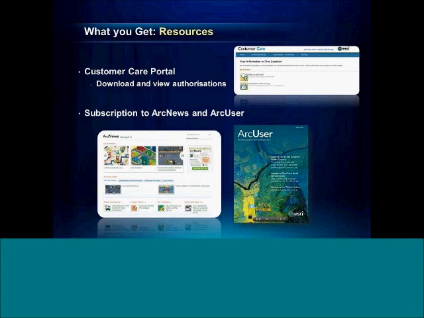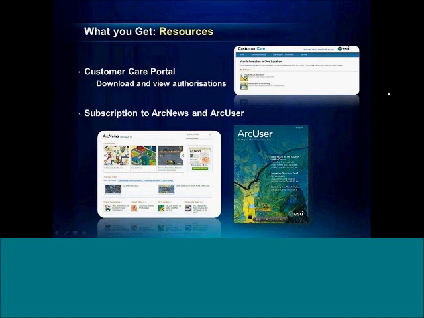On to resources. A resource that you will have access to is the customer care portal. Upon processing of your order, we'll provide you with an email which would include your license file. It'll also include some download instructions, a download token which will take you to the customer care site.